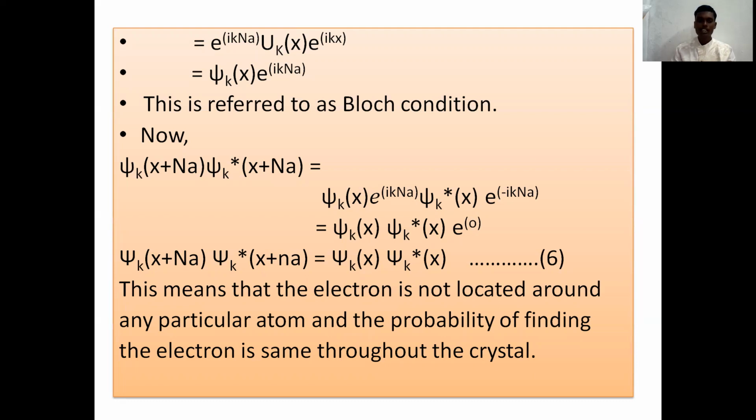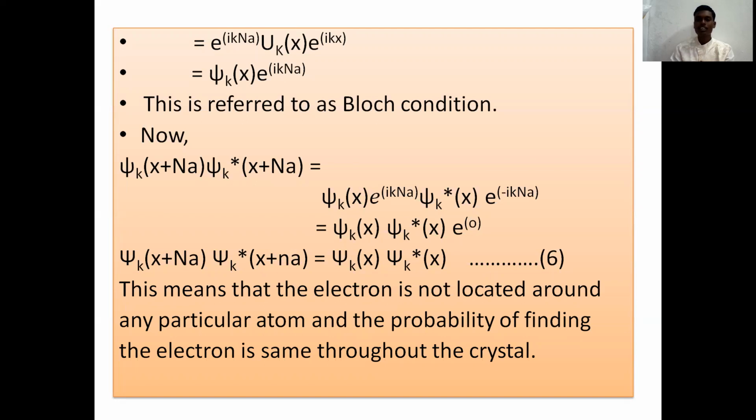Psi k of x plus Na into psi k star of x plus Na is equal to psi k of x into e power ikNa into psi k star of x into e power minus ikNa. As we all know in exponents, a power m into a power n is equal to a power m plus n, meaning that when the bases are equal, the powers should be added.